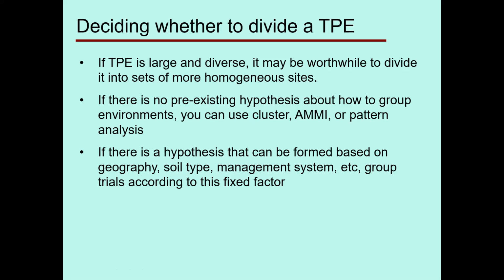Usually you should have a pre-existing hypothesis about how and why you want to divide your TPE. If there's no pre-existing hypothesis, but you just think there's too much G by E and you want to understand how it works, you could do some type of cluster or pattern analysis biplot to come up with a hypothesis about how different types of environment exist within the TPE, but it would just be a hypothesis.